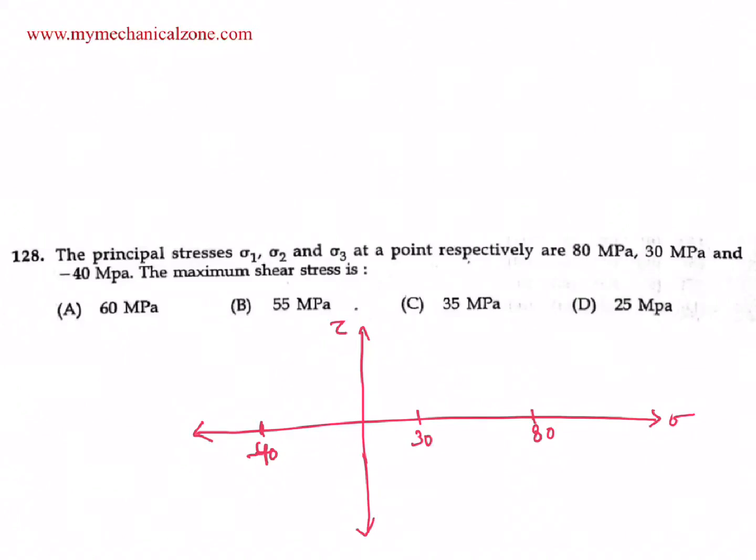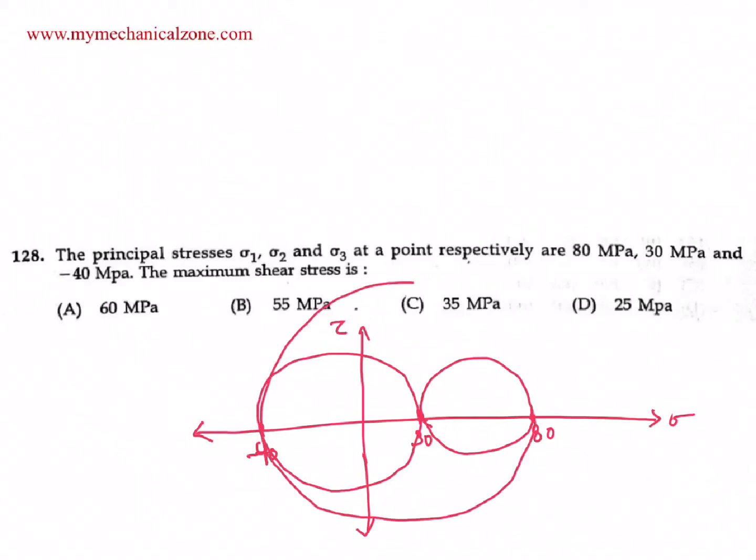Sigma 1 and sigma 2, you will get one circle here like this, and sigma 2, sigma 3, one circle like this, then third circle between sigma 3 and sigma 1. So maximum is third circle. Third circle radius we have to calculate.